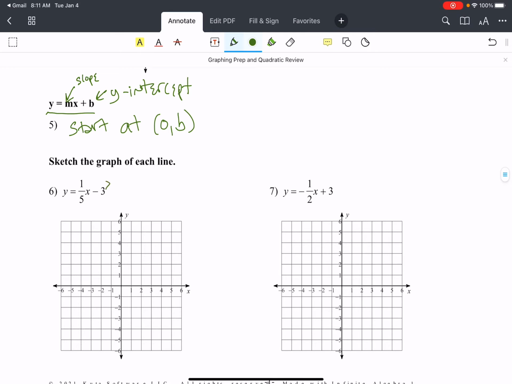This right here, the -3 is my b. So I know I start my line at 0, -3. Then 1 over 5 represents my rise over my run.